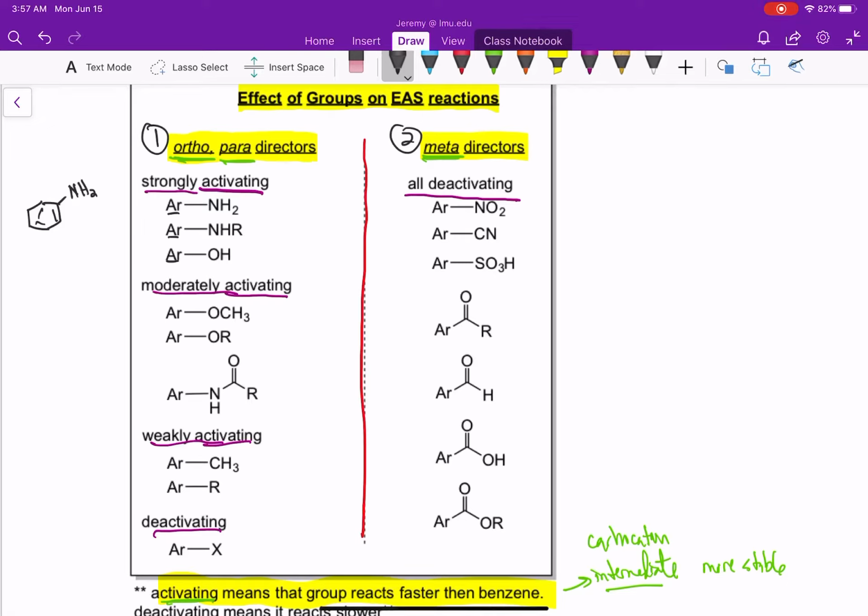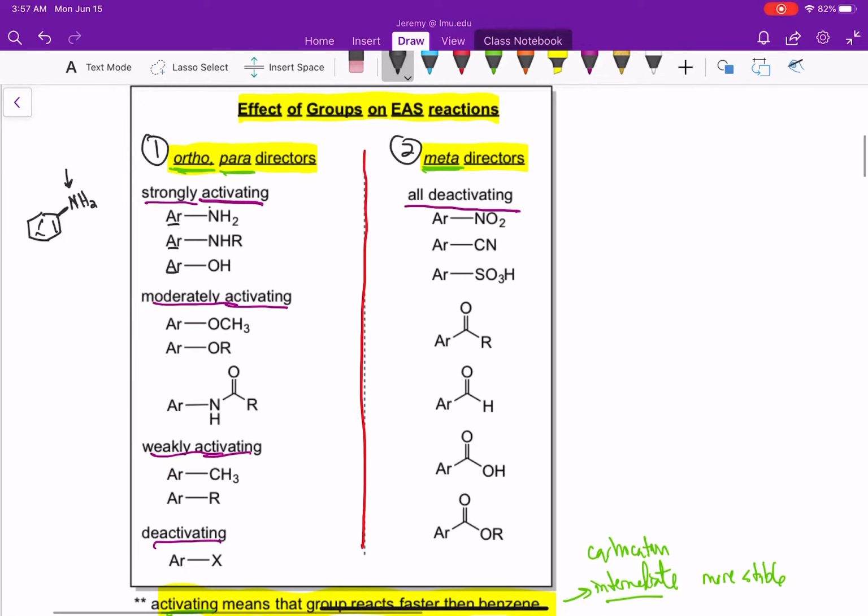Anytime the atom that's attached to the benzene ring has a lone pair, it will be an ortho-para director. N has a lone pair, O has two lone pairs, or N has two lone pairs, or N has one lone pair. So for all of these groups, the atom that's directly attached to our benzene ring has a lone pair.